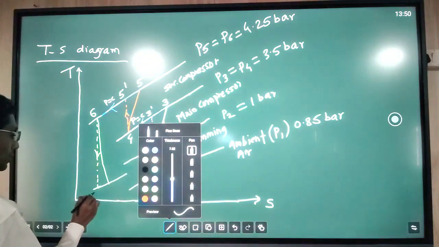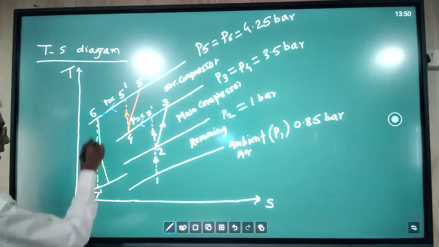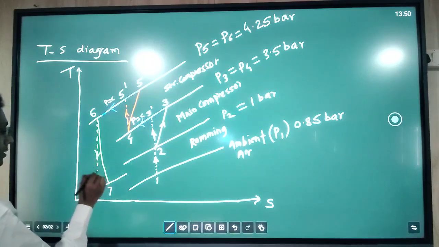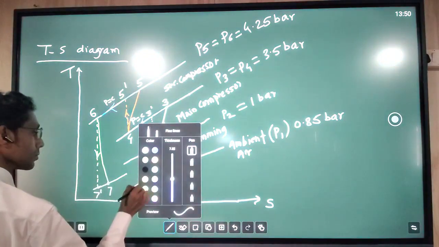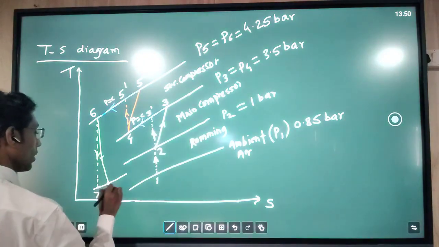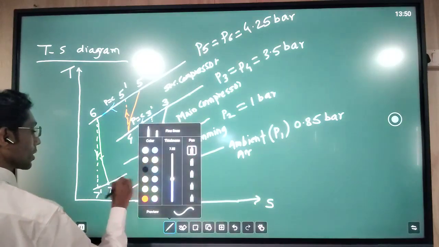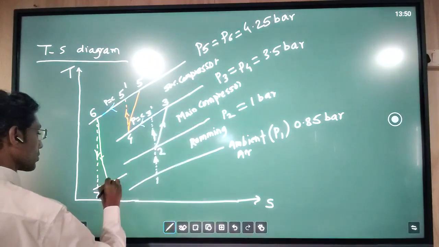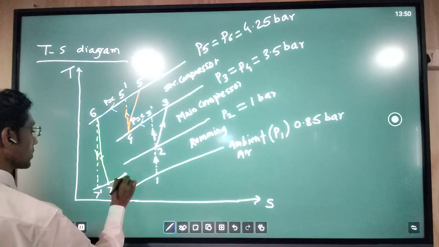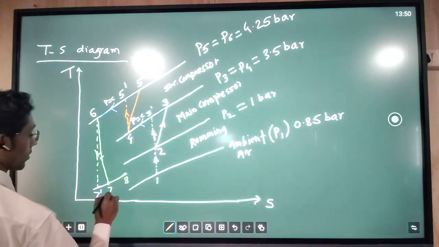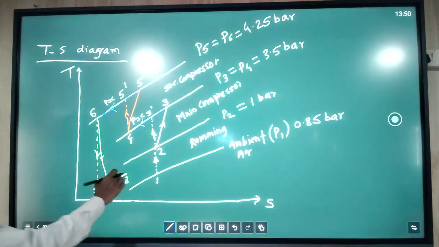So 6 to 7 dash is the ideal, and 6 to 7 is the actual expansion of the air. And then this air goes to the cabin. Here is point number 8. So this is the journey of the air from the turbine to the cabin.